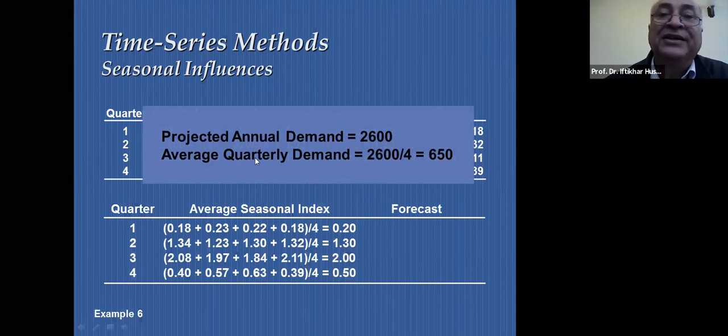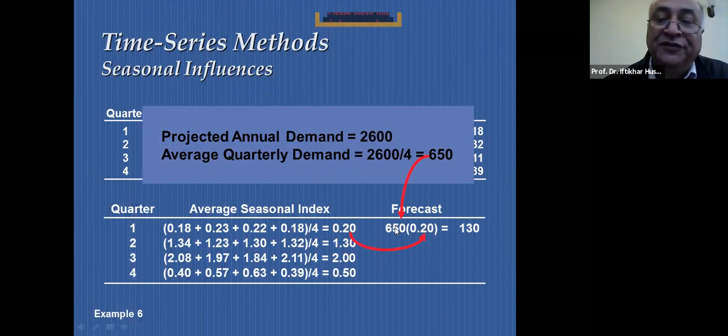Now the projected annual demand, it was mentioned for year 5, that was 2,600. We can find the average quarterly demand because there are 4 quarters. So when we divide this 2,600 by 4, we get 650, multiplied by the average seasonal index, which is calculated as 0.20.